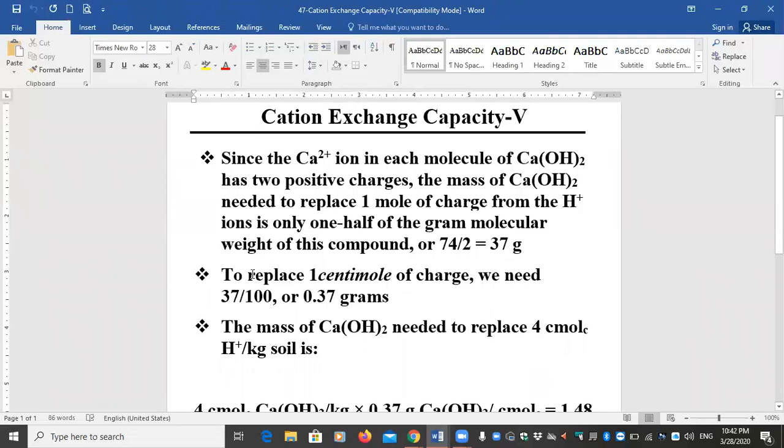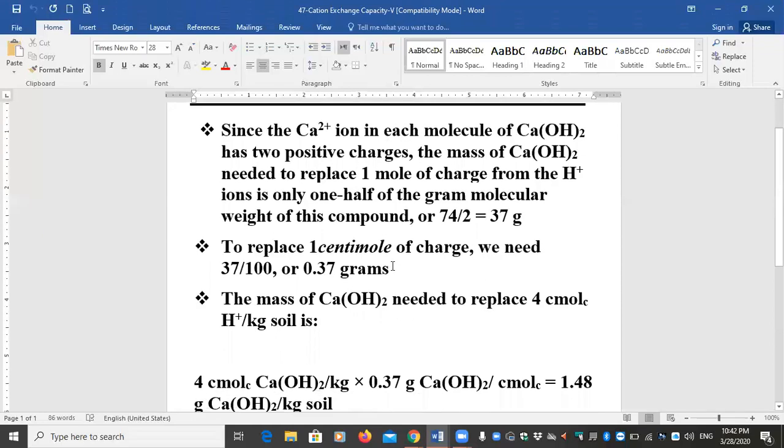So back to our question. To replace 1 centimole, since we're dealing always with centimole of charge for the CEC, we need 37/100. This 37 grams will give us 1 mole of positive charges. I want 1 centimole of positive charges. So we divide it by 100, which gives us 0.37 grams.